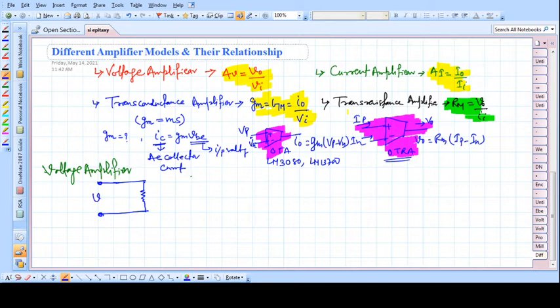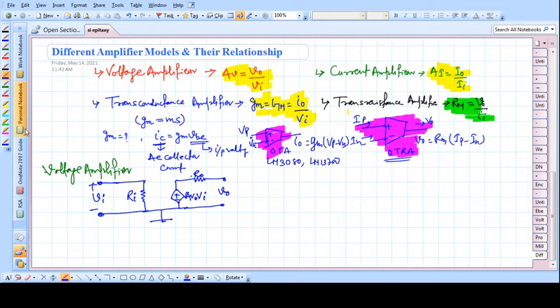The input should be our Vi, plus and minus, and this should be the input resistance. For the equivalent circuit, there is a voltage source. This is a very simple equivalent circuit. Then V naught, and this should be the output resistance, and the source is AV naught Vi.